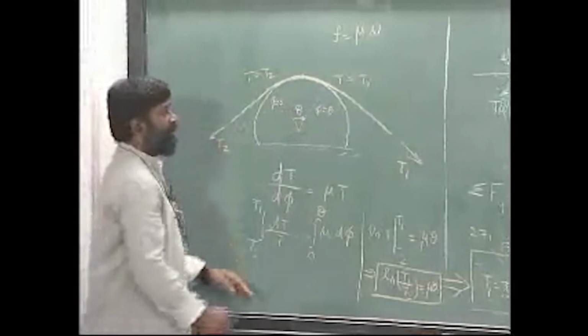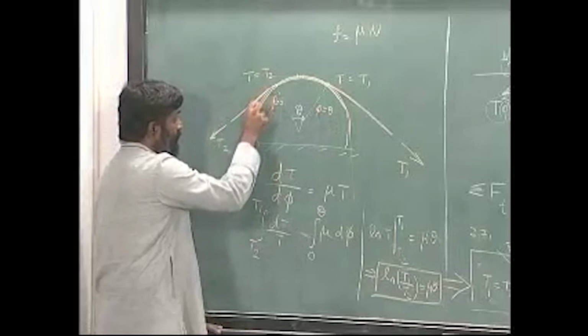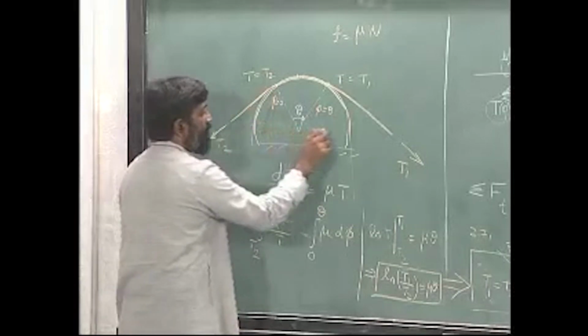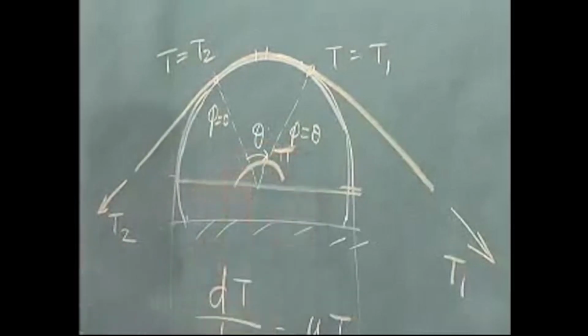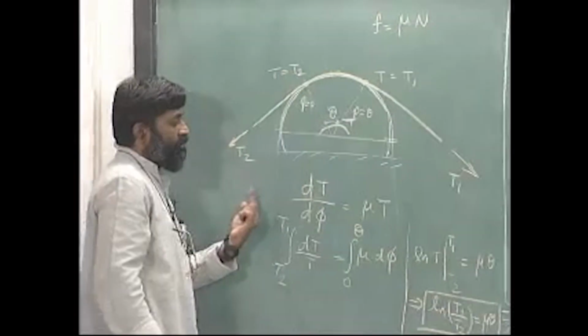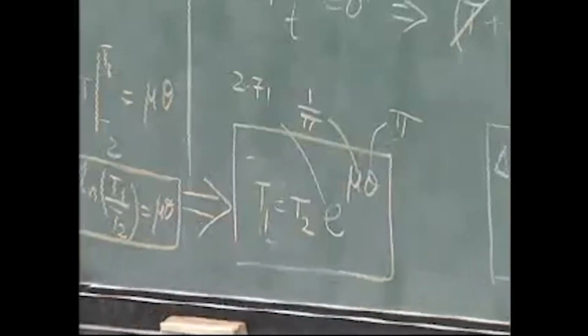What does π mean? In this particular diagram, if it goes like this and like this, so that there is an angle of π over here, the ratio of T1 to T2 will be as much as 2.7 times.